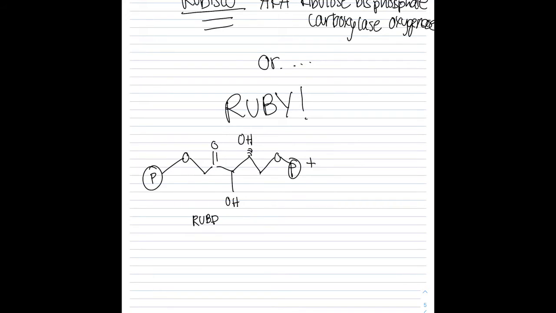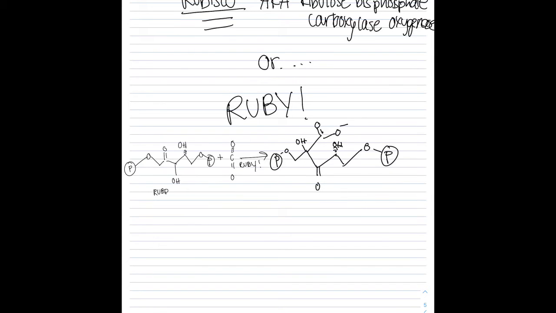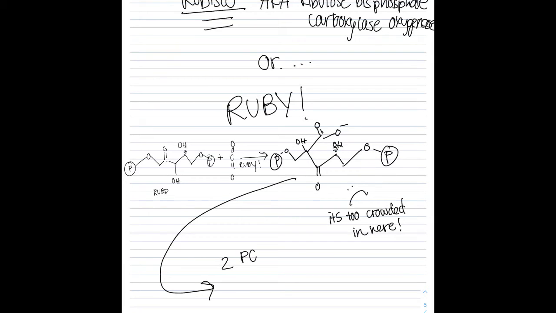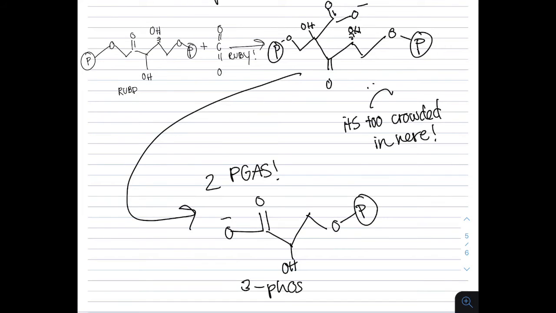In the first step of the cycle, Rubisco catalyzes an attachment of carbon dioxide to a 5-carbon sugar called ribulose bisphosphate. The resulting 6-carbon molecule is very unstable, and because of this, it quickly splits into 2 molecules of a 3-carbon compound called 3-phosphoglycerate, 3-PGA. Thus, for each CO2, 2 3-PGA molecules are produced.